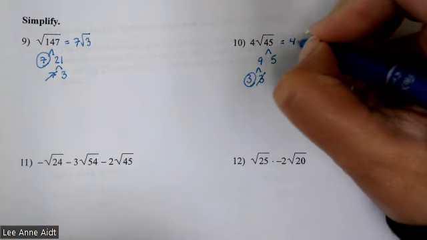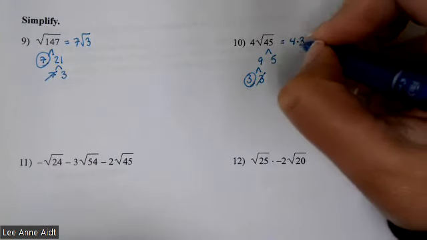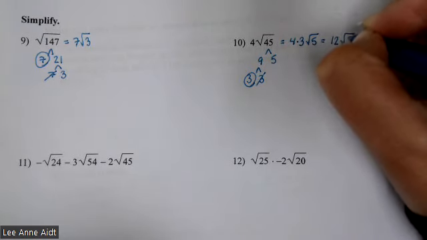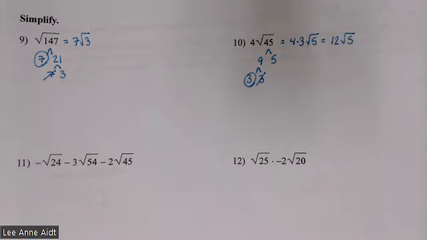The 4 multiplies with the 3 that comes outside, and the 5 stays in. Any questions about 9 or 10? We've been doing this for a little while now. I'm hoping it's getting better.